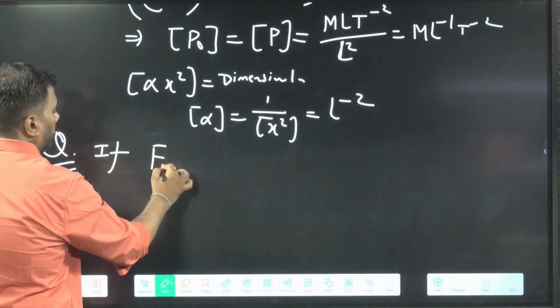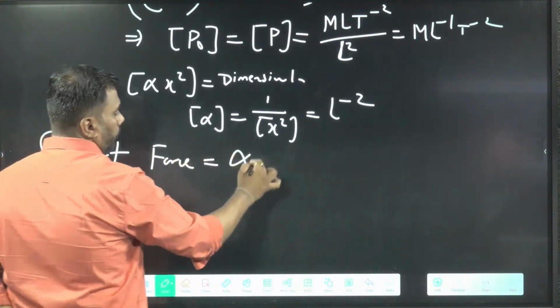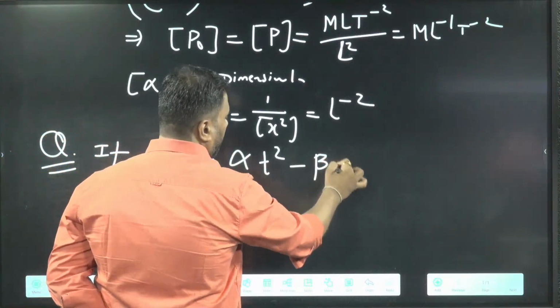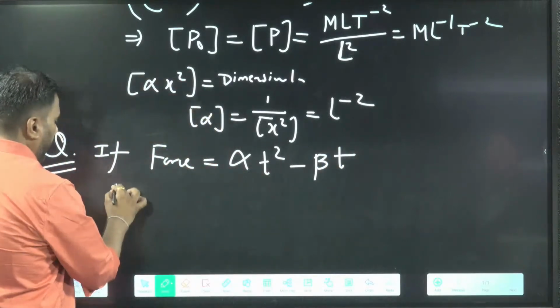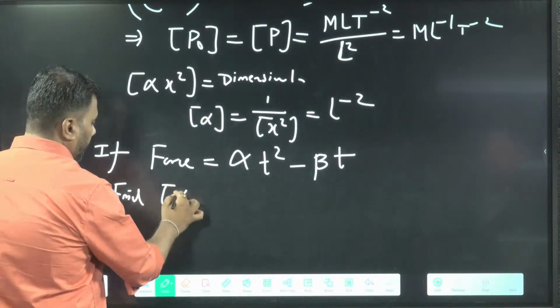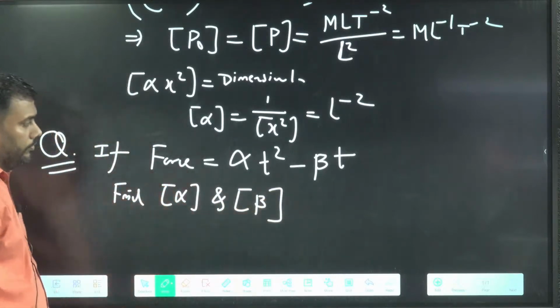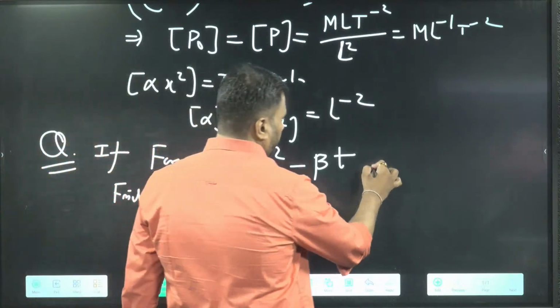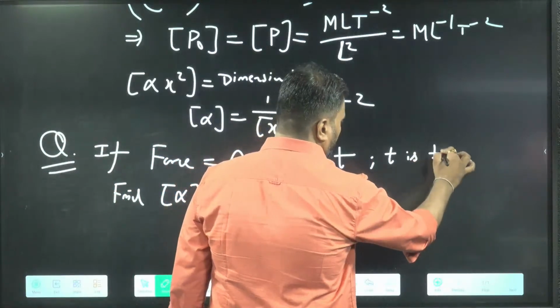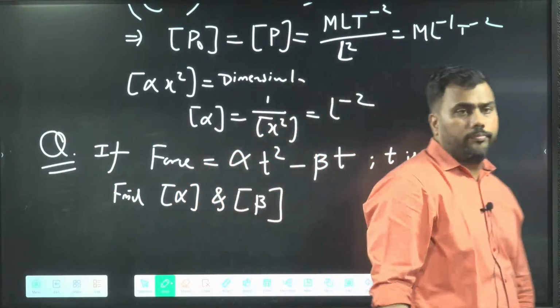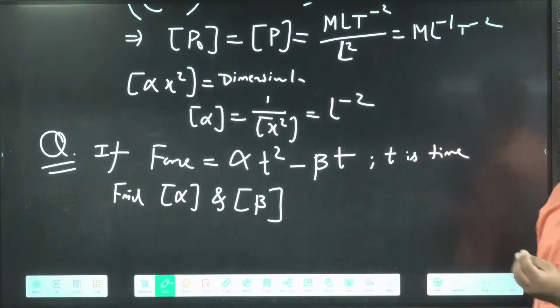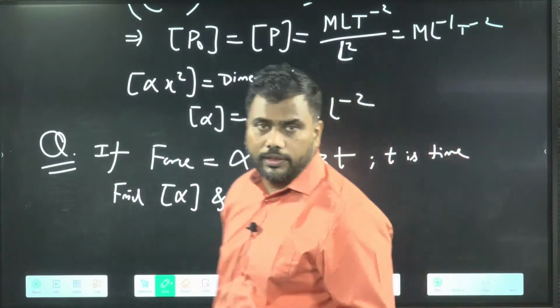If force is equal to alpha t square minus beta t, find dimensions of alpha and dimensions of beta, where t is time. Force depends on time, and the equation of force with time is given to you.